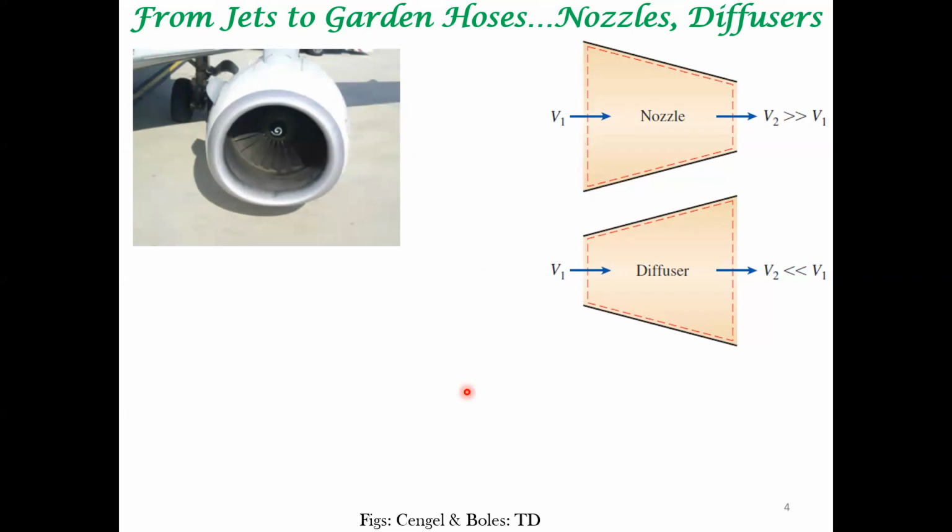Okay, so there are two kinds of devices: a nozzle and a diffuser. In a nozzle, the outlet velocity is much more than the inlet velocity. When the velocity is high, the pressure is low. In a diffuser, the opposite is the case. The velocity at the outlet is much less than the velocity at the inlet.